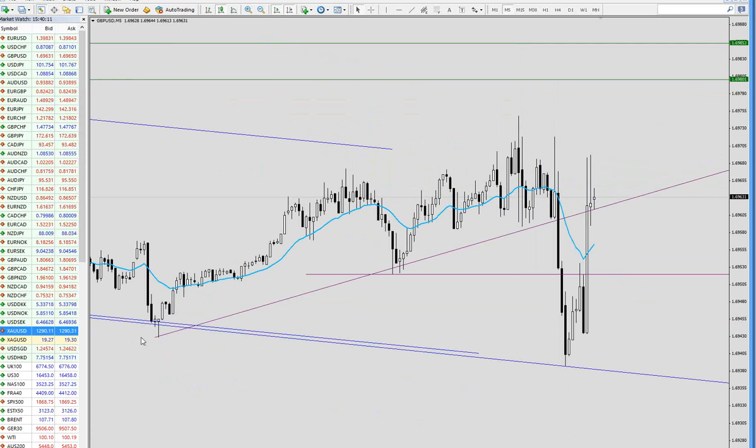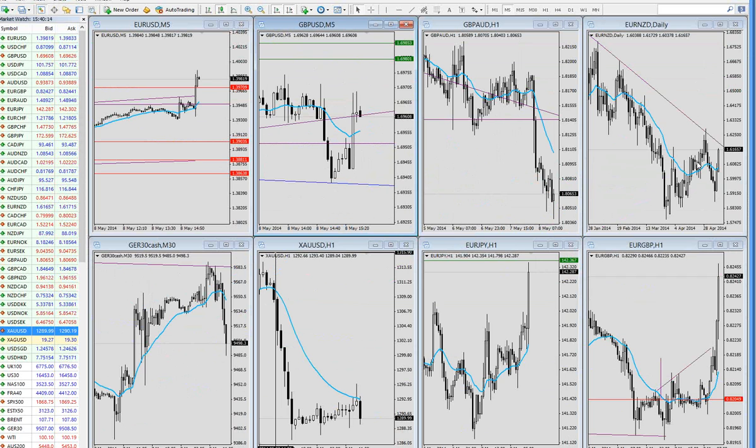Pound trying to get back above the line. I'm taking small short on pound right now. Very tiny short, 62. We've stopped at 84 beat.